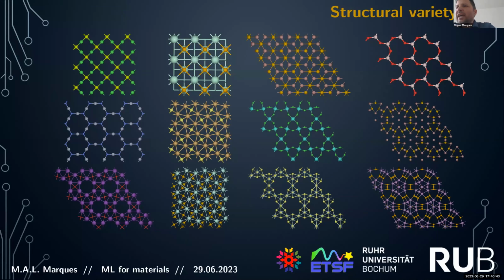Essentially every lattice that exists, we found examples of them. And some of these materials have very interesting properties, of course very different from what one knows, because the structural diversity leads to diversity of properties. Everything is based ultimately in the structure, of course, as you know.